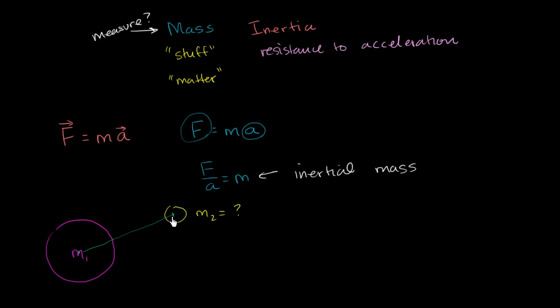And if we can measure their respective pulls on each other, so if m2 is pulling on m1 with some force, which I'll draw as a vector like this, m1 will pull on m2 with an equal and opposite force, the same magnitude but the opposite direction. So we can measure what that force is. We know what m1 is, and we know the distance between them. From that, we can figure out what m2 needs to be.